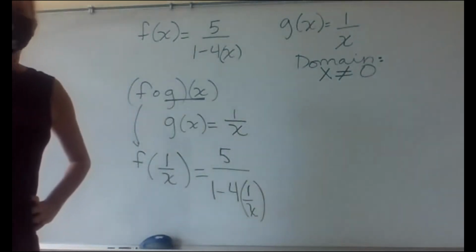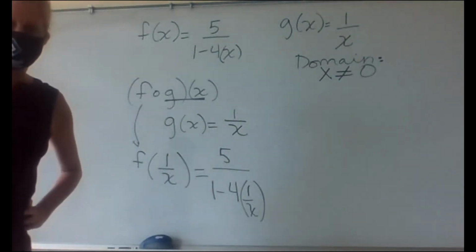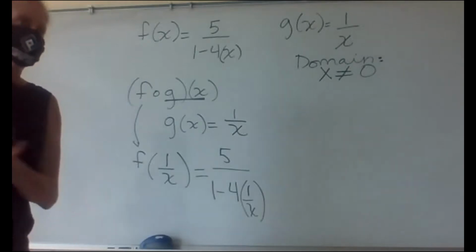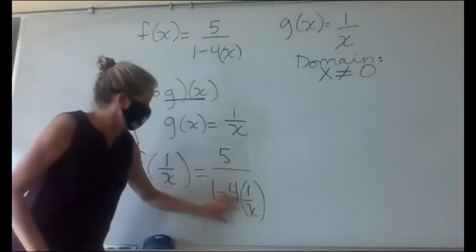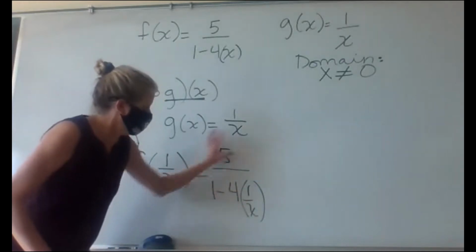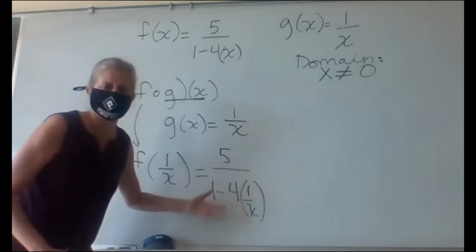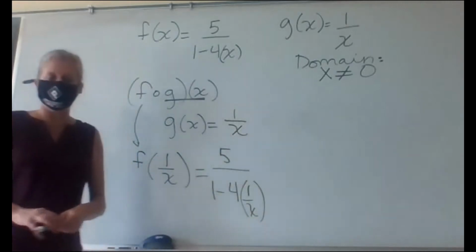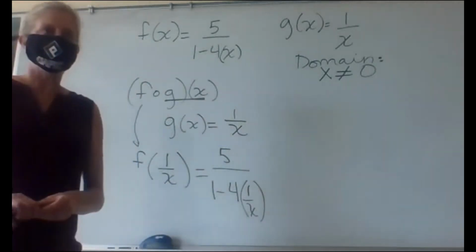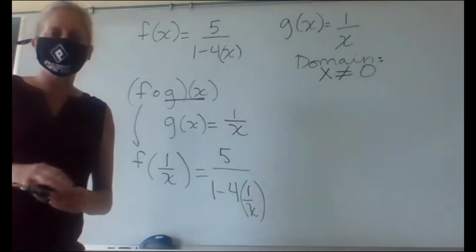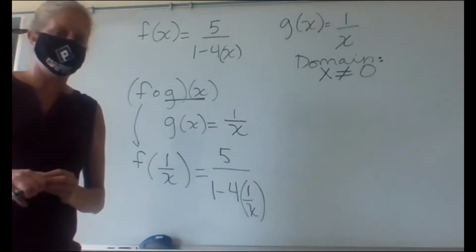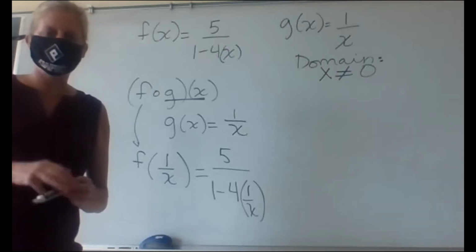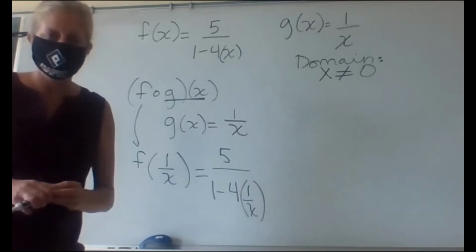Now, math etiquette states that you cannot leave your answer with a fraction within a fraction, right? This looks horrible. I need to clean this up. Now, remember, I can multiply anything I want times 1, the number 1, and not change its amount. 10 million times 1 is still 10 million.